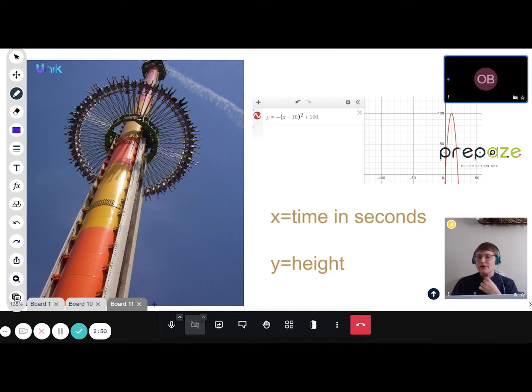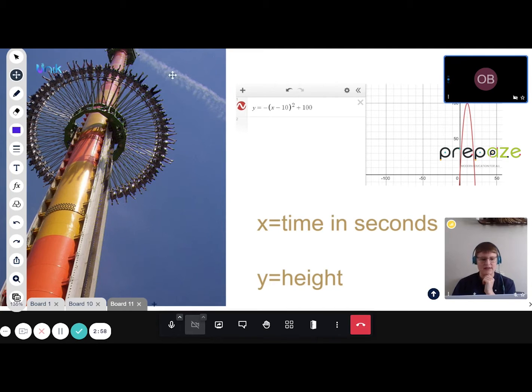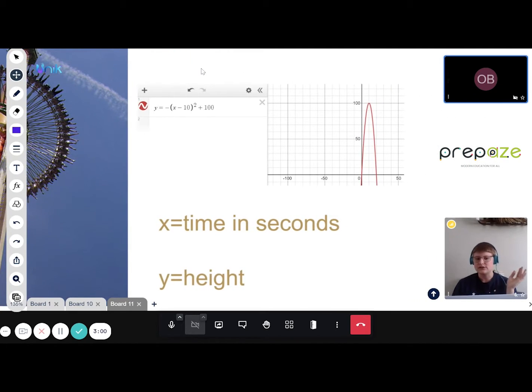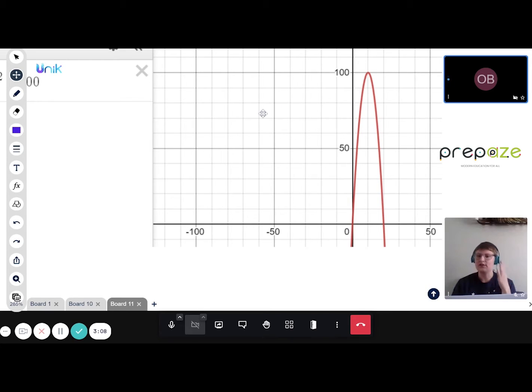The second equation that we made together in the last video was defining the height of individuals on a roller coaster. And this was the graph that I made. I said y is equal to negative (x minus 10) squared plus 100. Let's check with our graph and see if it passes our vertical line test.